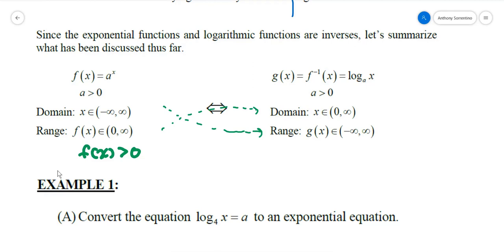So the domain, the number I plug into a logarithmic function, has to be more than 0. Which means if you see a statement like the log base whatever of 0, or the log base of some negative number, these are undefined.